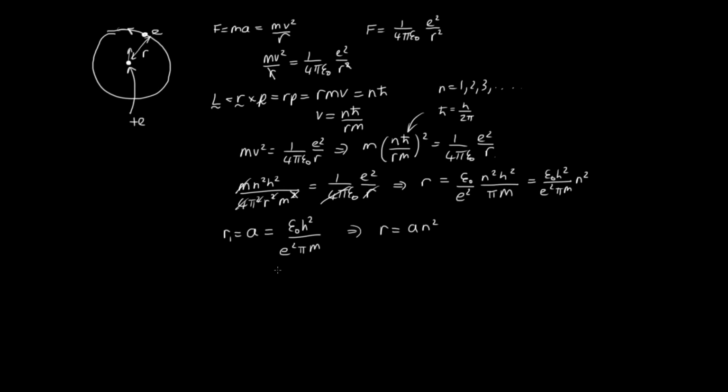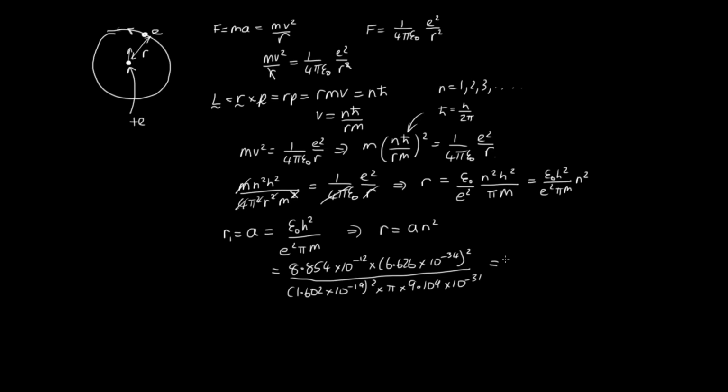Now we can calculate what a is if we want. We've got 8.854 times 10 to the minus 12 times h squared, which is 6.626 times 10 to the minus 34 squared, over e squared, the charge on the electron, 1.602 times 10 to the minus 19 squared, times pi times the mass of the electron, 9.109 times 10 to the minus 31.